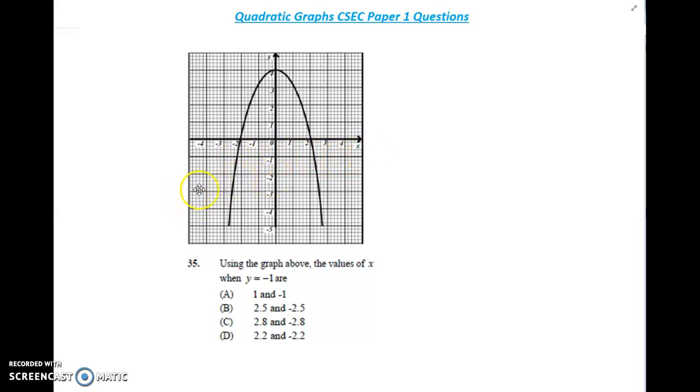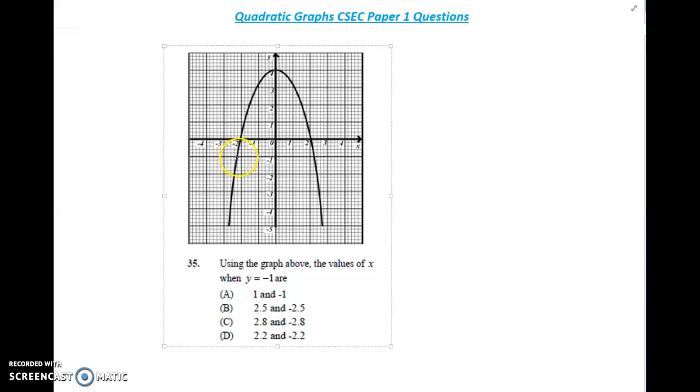So if I had a bold line going through negative 3 horizontally, that is y equals negative 3, and so on, right? So you want to know the values of x for when y is equal to negative 1. So this straight line here, y equals negative 1, it cuts the curve at 2 points, here and right here. You just need to read off those two values, and those will be our two values of x, right?